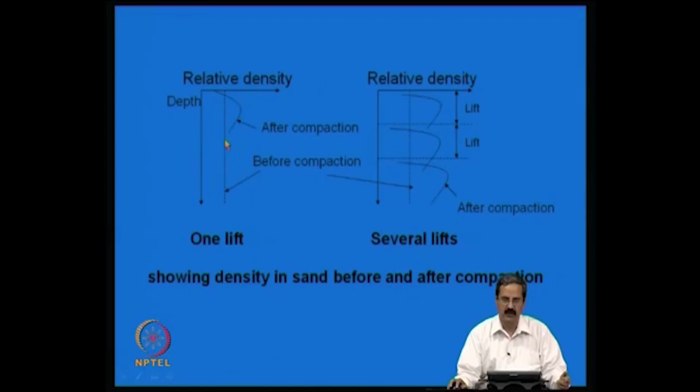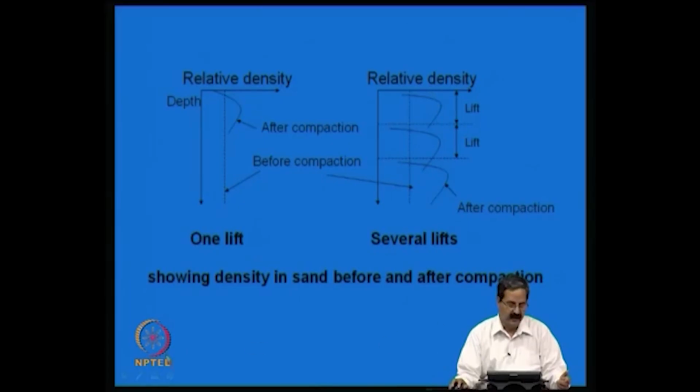You take some samples before compaction, and at different locations, say at 0.3 meters, 0.6 meters and 0.9 meters, and you see where the density is. So, one can come out with the compaction lift thickness specification. Could it be 50 centimeters or 30 centimeters or whatever, you normally specify like that.